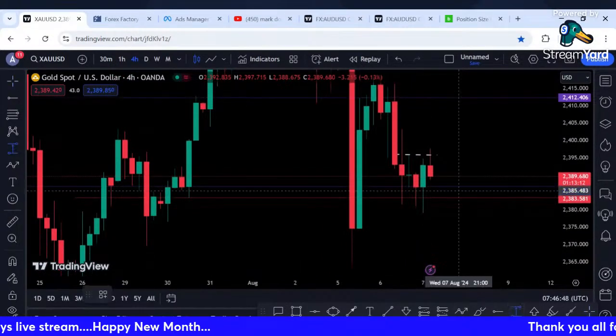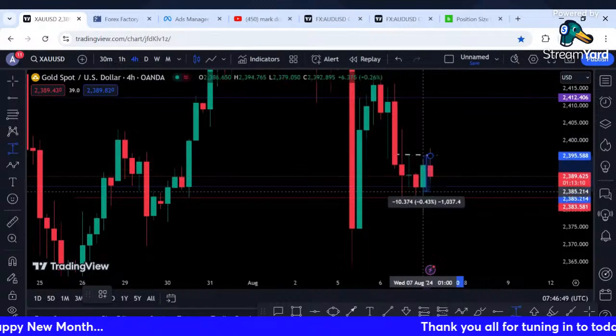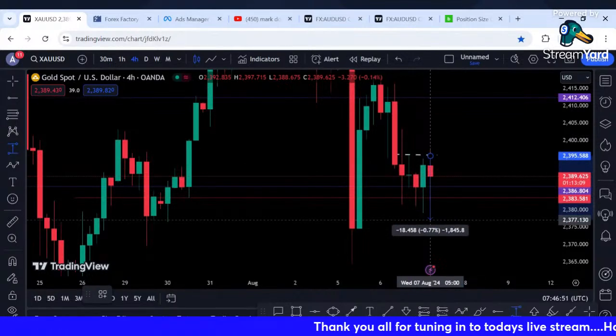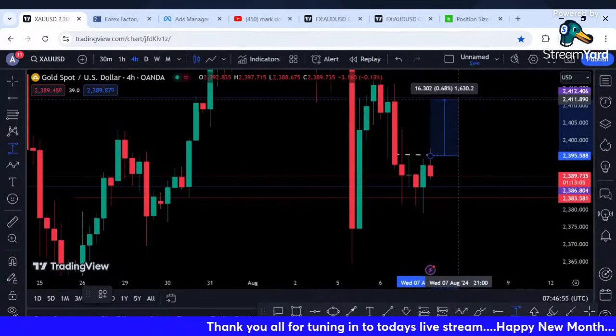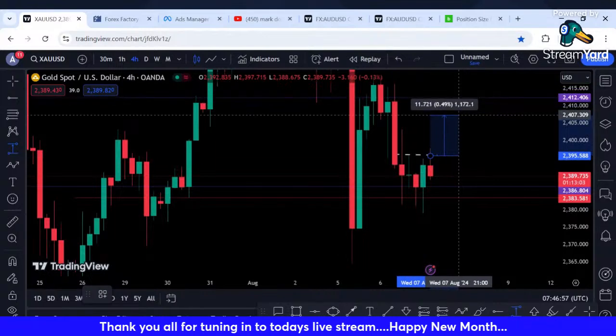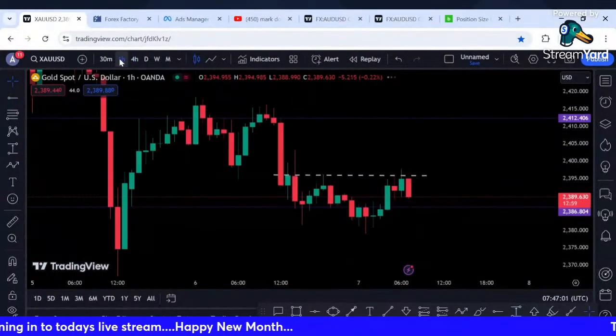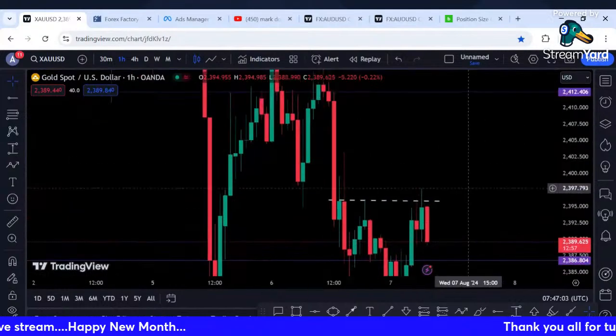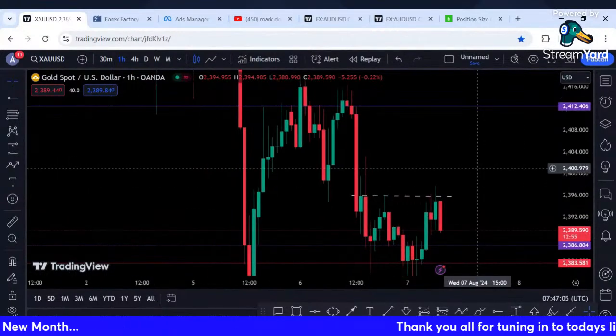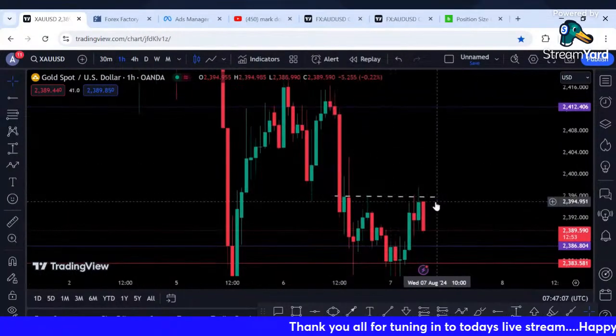So if it breaks through this one, then there should be a high volume that is going to cause it to break.